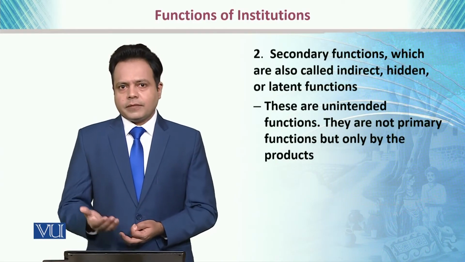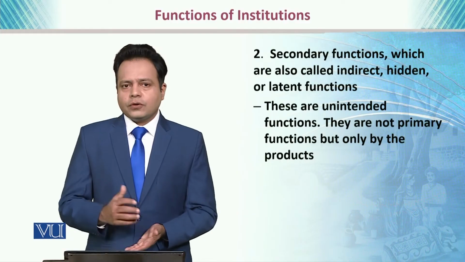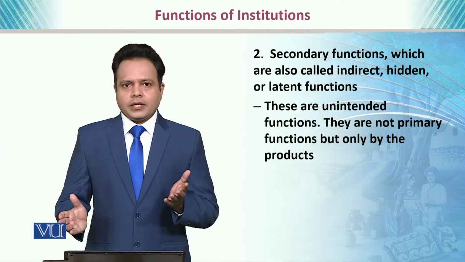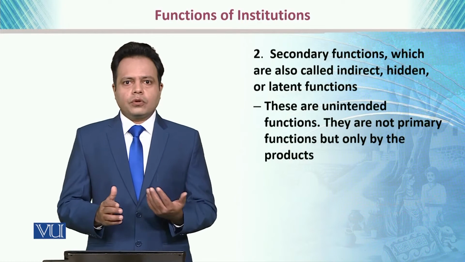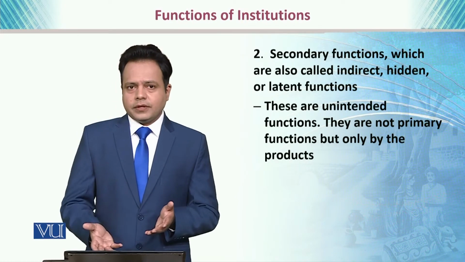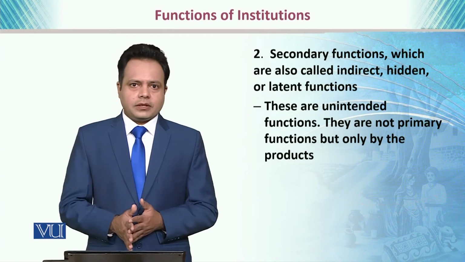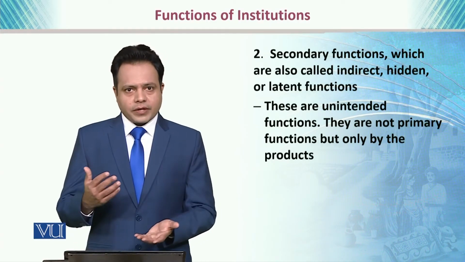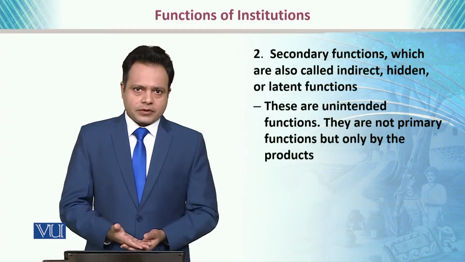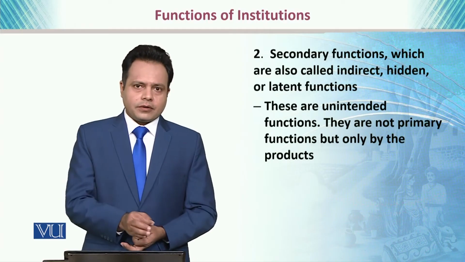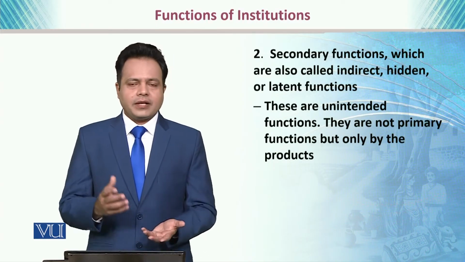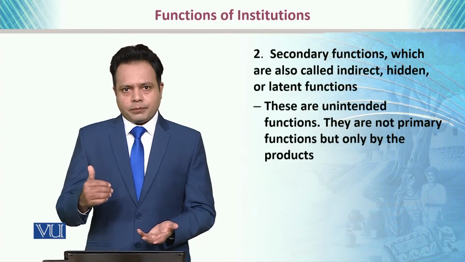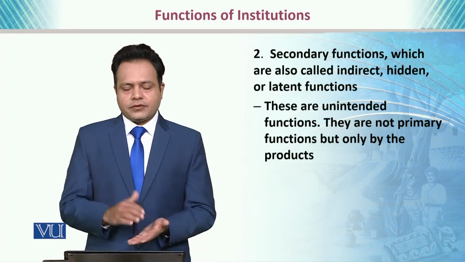However, the latent function could be that they are also playing the role of a babysitter in case both mother and father are working and they have no one else to take care of the child. So a school can serve as a babysitter as an implicit or unintended function.